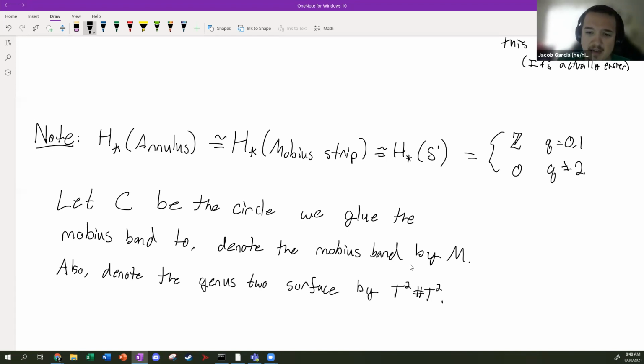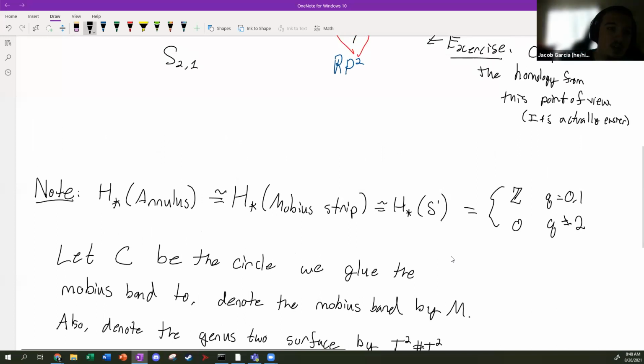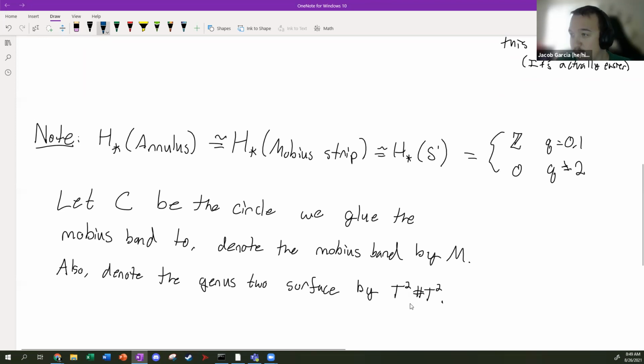Okay, some people haven't. So this is something you can do with manifolds of equal dimension, this connected sum. We'll do an aside here.